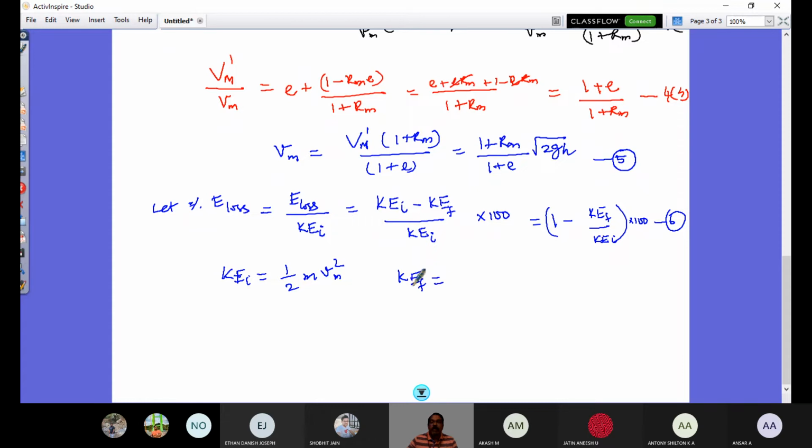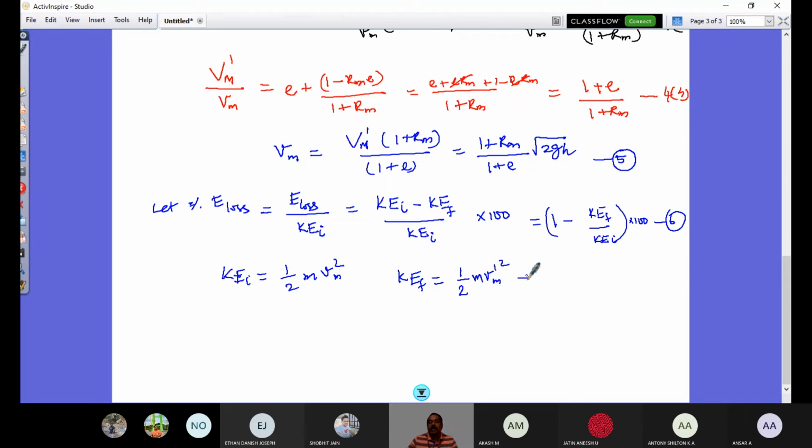What are the velocities of both the particles after collision? So there are two velocities immediately after the collision. One is the ball velocity, so that offers this kinetic energy, half m small v m dash square.